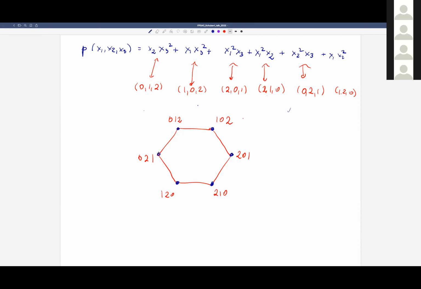Something to note: if you think about polytopes, you might think about the integer points that they contain. In this case, we have another integer point in our lattice inside, and that's (1, 1, 1). So maybe if I add the monomial x1 x2 x3, then I actually get all the integer points of my polytope enclosed.